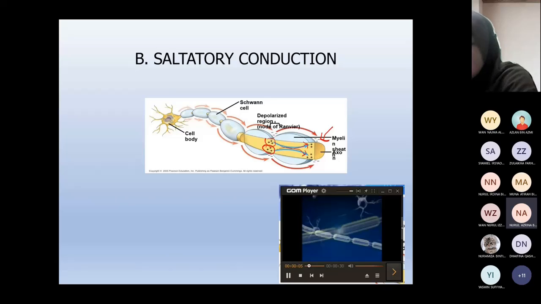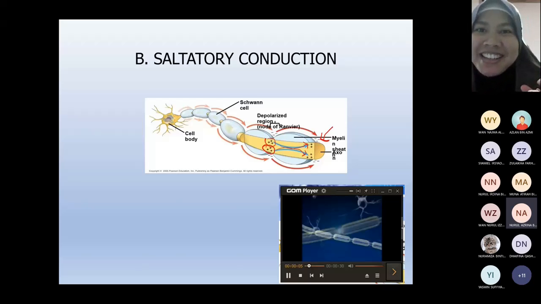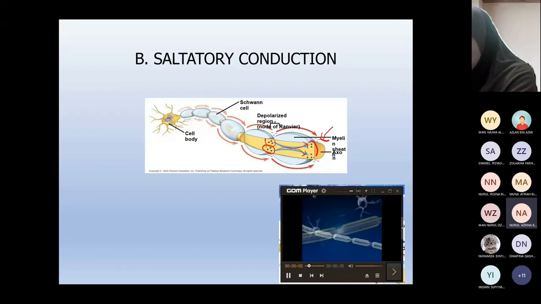You can see it spreads along the interior to the next node of Ranvier. So you just imagine that the depolarization is sort of like flowing in a vacuum area, right? Very fast transmission. So from one node, it can jump to another node of Ranvier, right? And cause the next node of Ranvier to depolarize. All right? Okay, and it will continue.